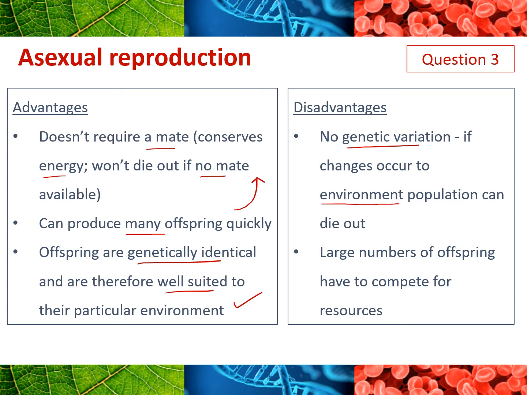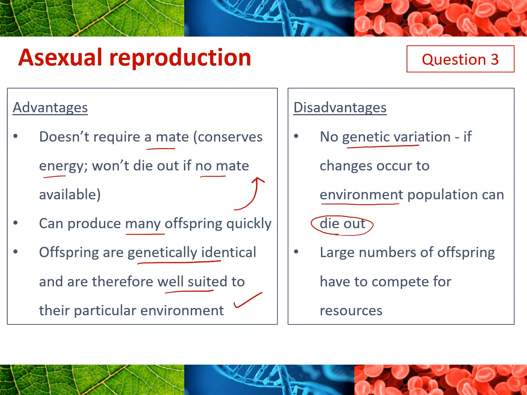Let's say there was a group of bacteria in a very cold environment and they were suited really, really well to that, and then that environment changed, it got warmer, and now the bacteria aren't suited to it. That population would die out. If you had genetic variation, there might be some individuals that are suited to it, and those ones would survive, kind of that natural selection process. So that's a disadvantage here.